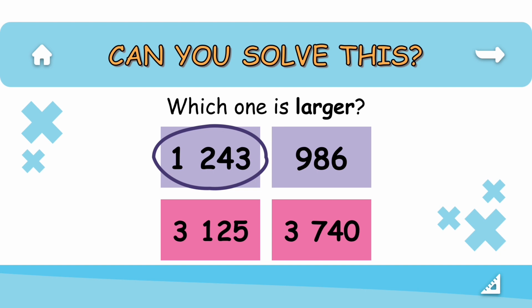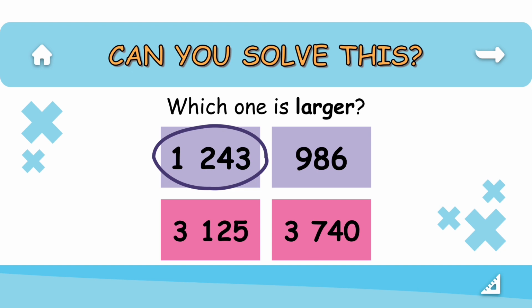For the second pair, we have 3125 and 3740. For these two numbers, we need to compare by looking at the place value. Let's look at the thousands first. Both numbers are made up of 3. Next, we move to the hundreds.